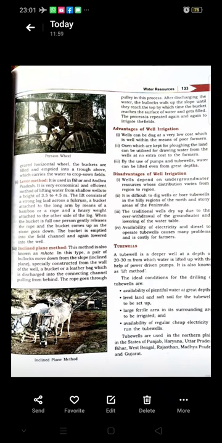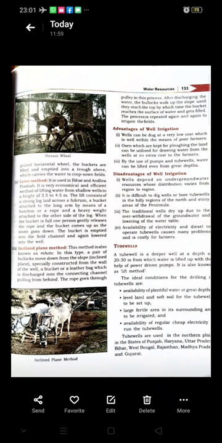Then the inclined plane method, also known as mohote. In this type, a pair of bullocks move down the slope, an inclined plane specially constructed from the wall of the well, with a bucket or leather bag which is discharged into a connecting channel, pulling from behind. So the bullocks are made to walk the inclined plane, and as they walk, they are lifting the bucket of water.